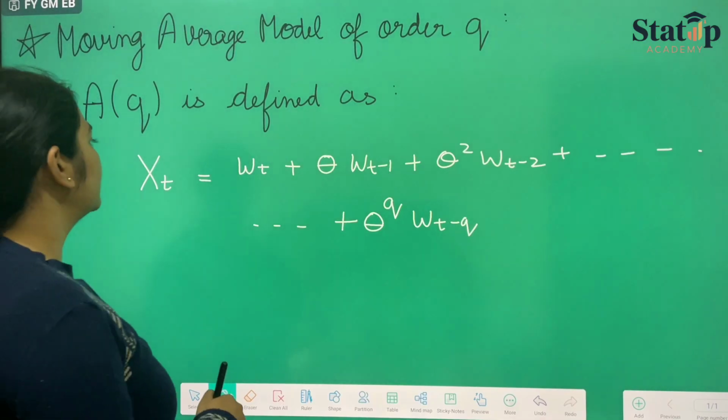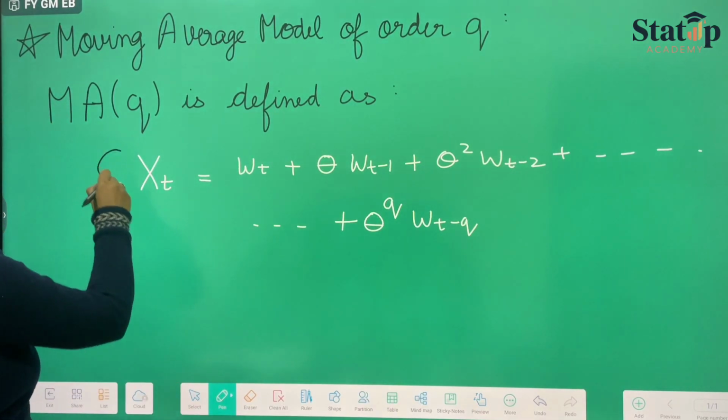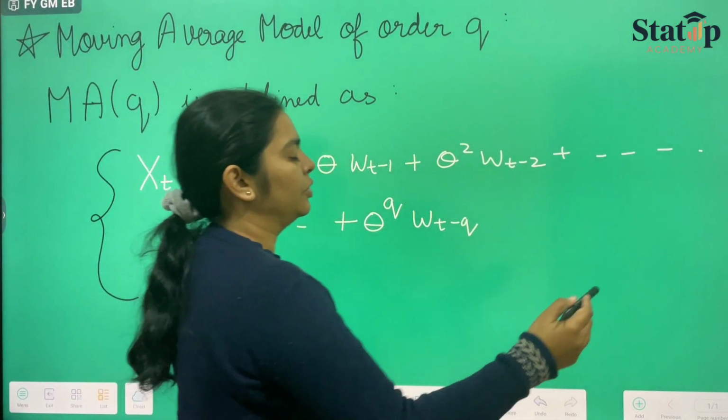Okay, this is the model. This is the moving average model of order q.